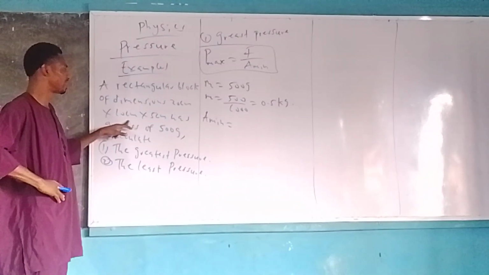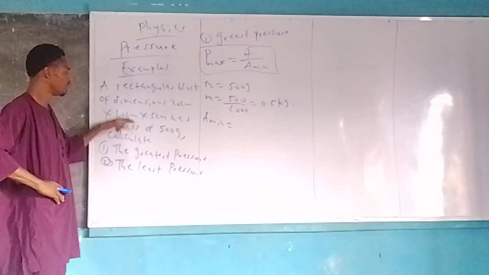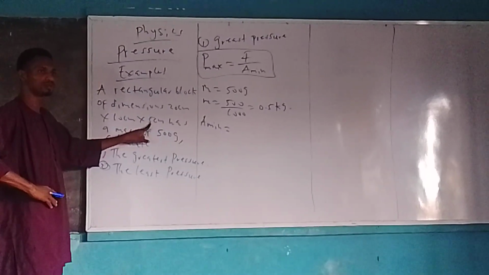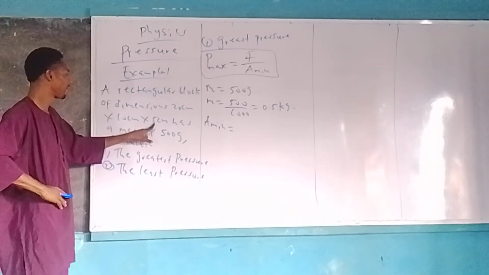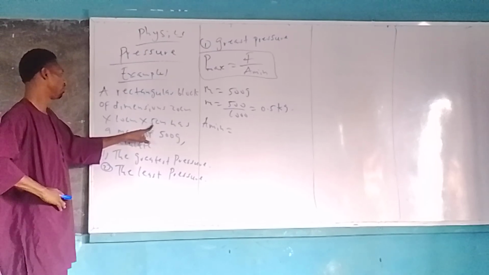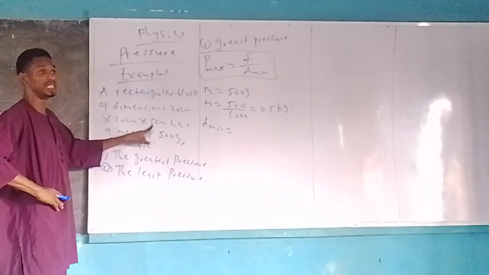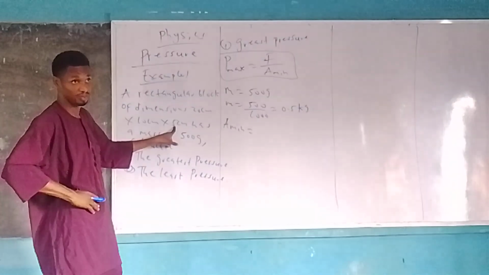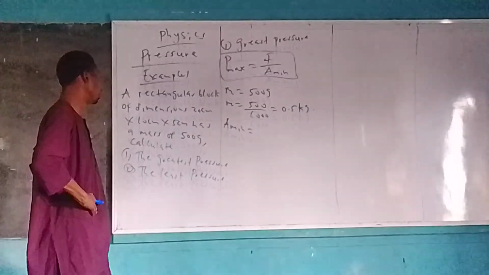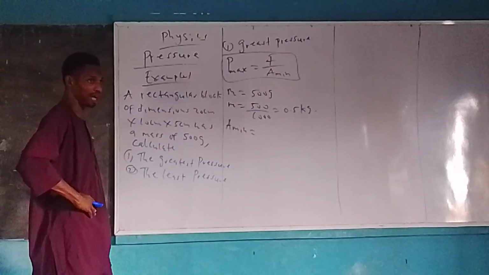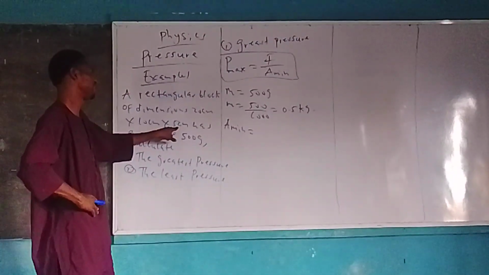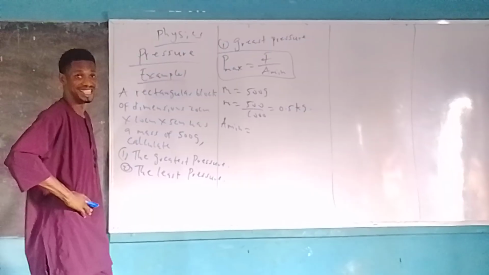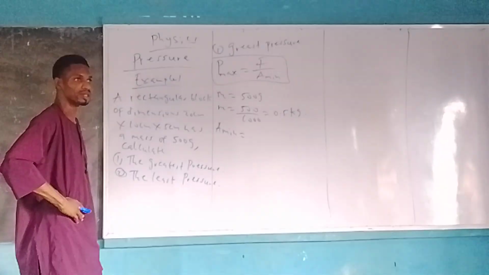Is 200 the least area? 20 times 5 is 100. Is 100 the least area? No, it's not the least area. 10 times 5 is 50. So 50 is the least area.